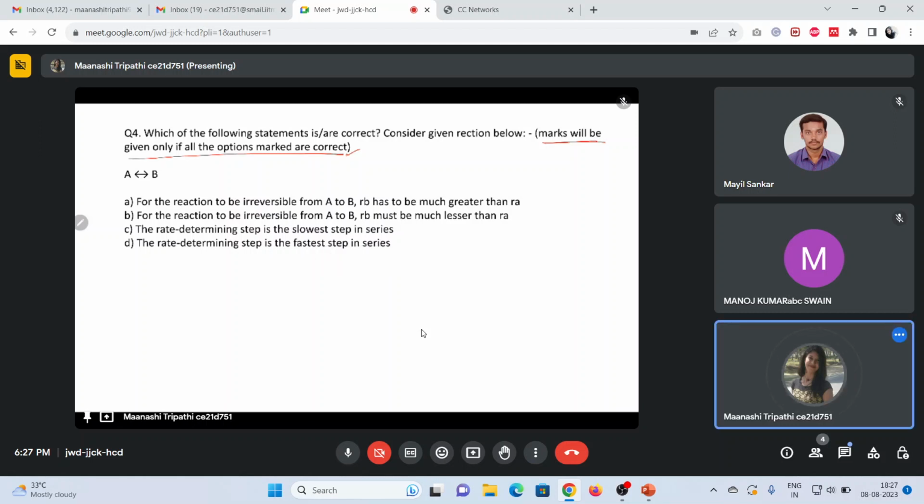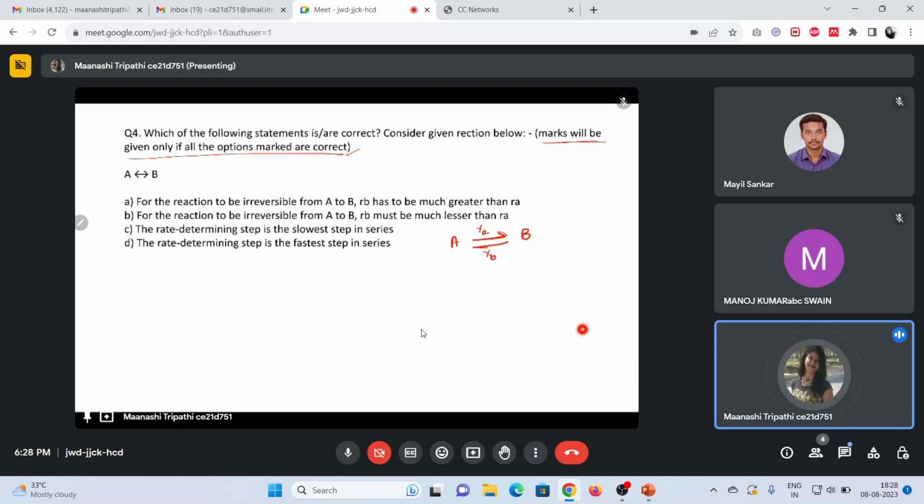Okay, I'll explain what a reversible and irreversible reaction is, so that maybe it will be easier for you to find out. This reaction is moving in both directions. When we consider the forward direction, we are converting A to B. Let's say the rate is RA, and when we are converting from B to A, the rate is RB.